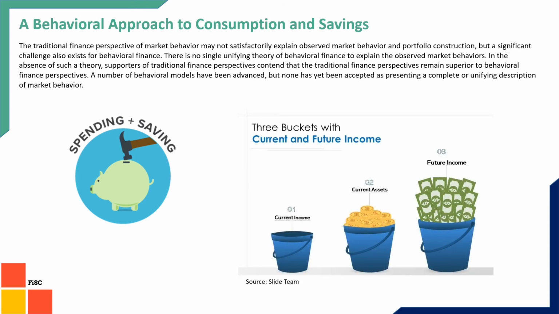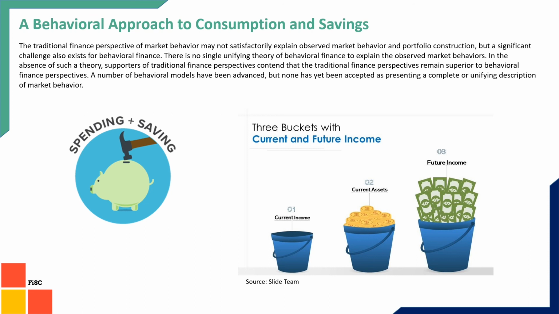Here you have different buckets, different sources of income, and you assume that the current income portion of your money is the one which you have to spend. The future income is the one which you have to save, and the current assets are the ones which you can use in any manner, saving and spending, depending on how much income you have in current income to spend.